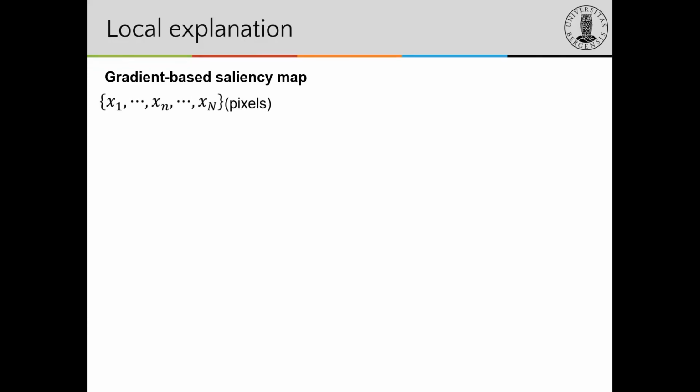We have an image which can be represented in pixels x1 to xn, and we have yk, the probability of the predicted class of the model. For example, with a dog picture, yk means how much probability this picture is classified as a dog.